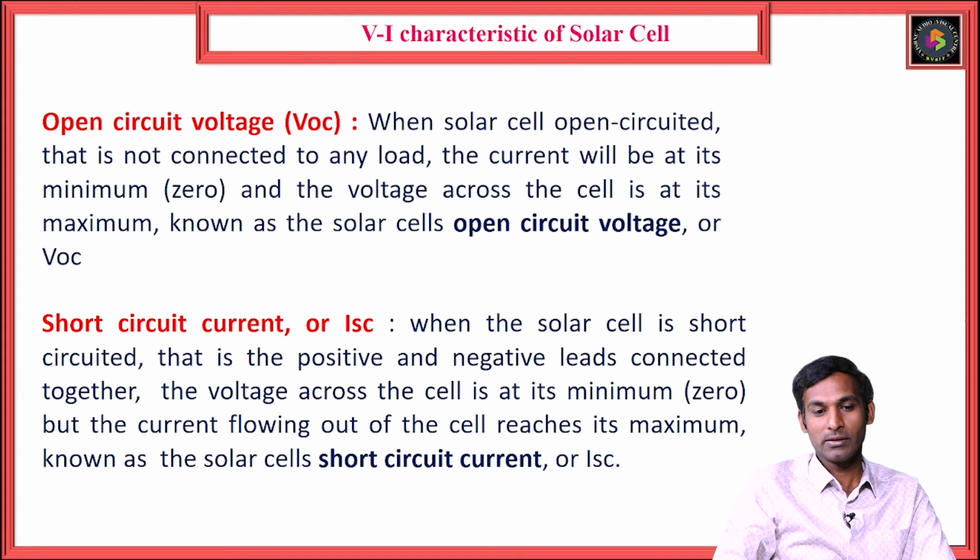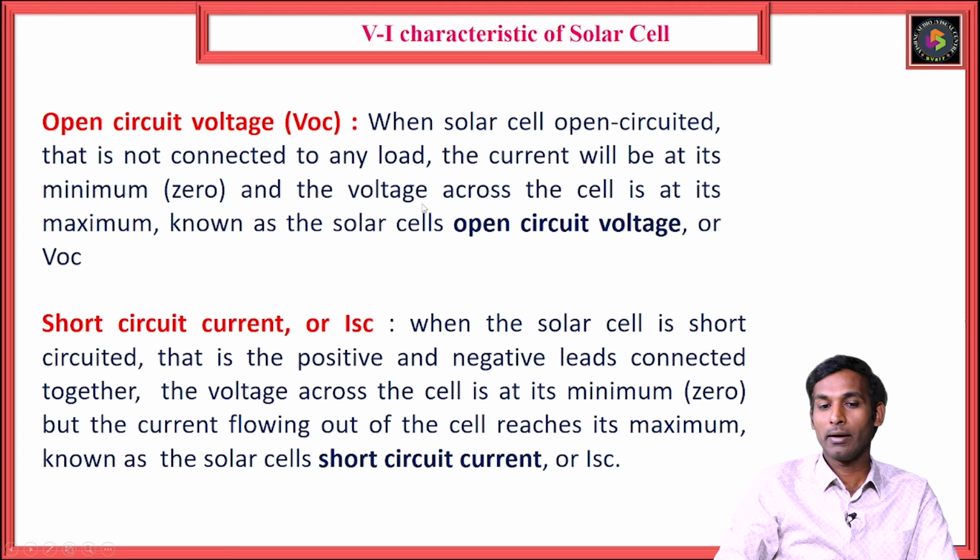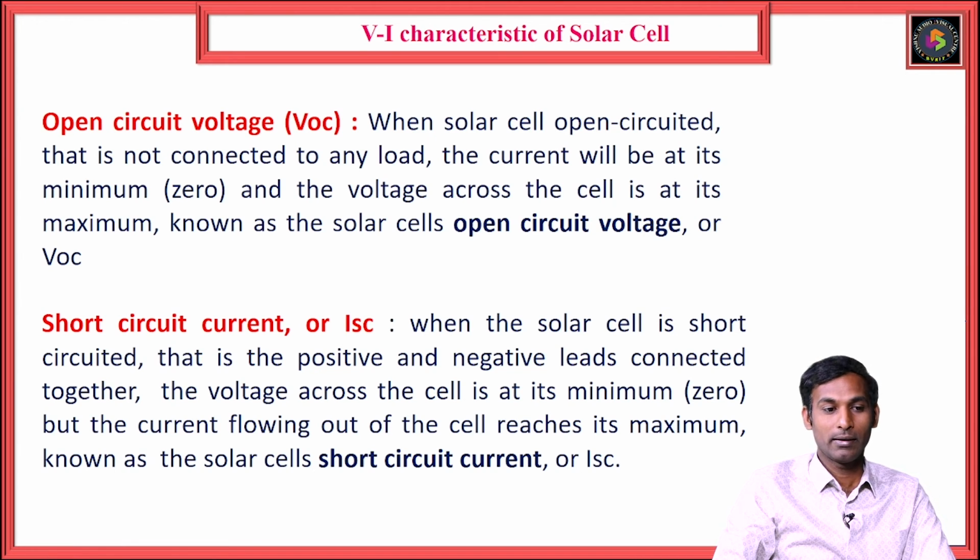Open circuit voltage is indicated by VOC. When the solar cell is open circuited, the current value is approximately 0 and the voltage across the cell is maximum. That is said to be the open circuit voltage, VOC.